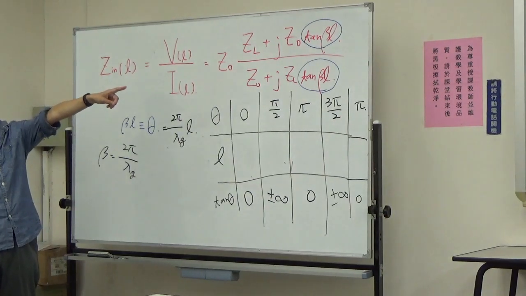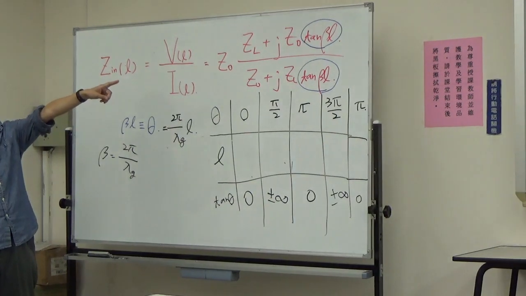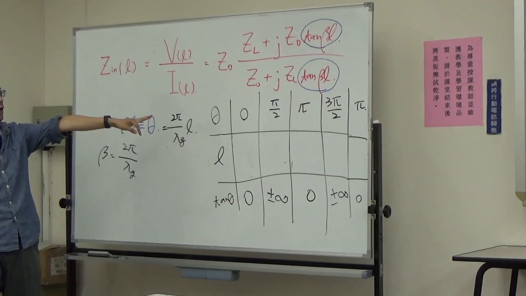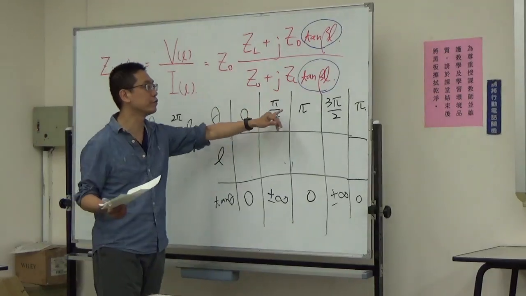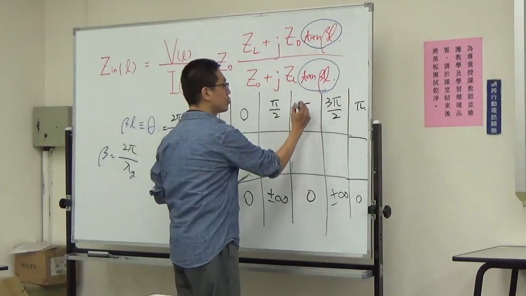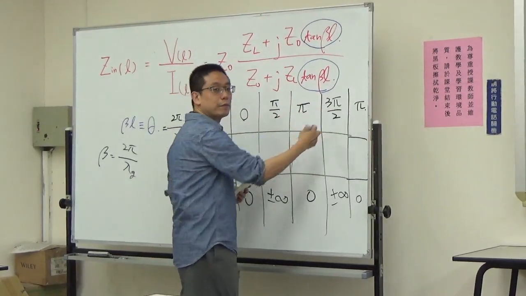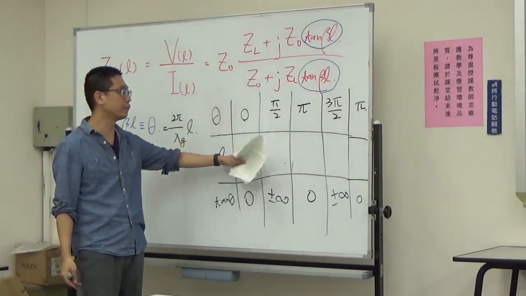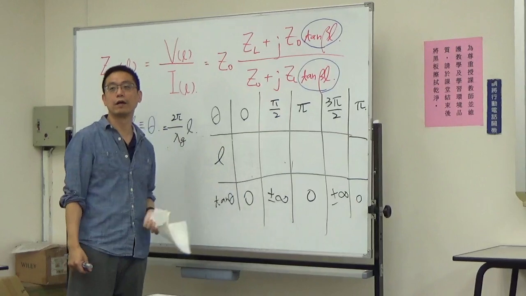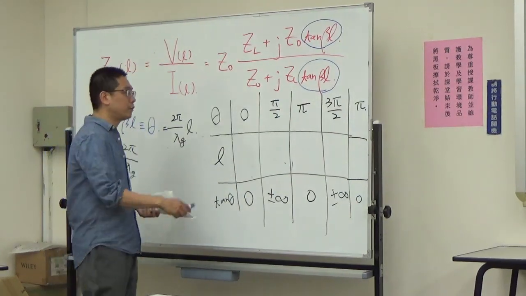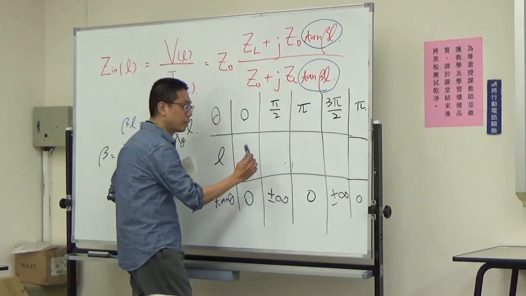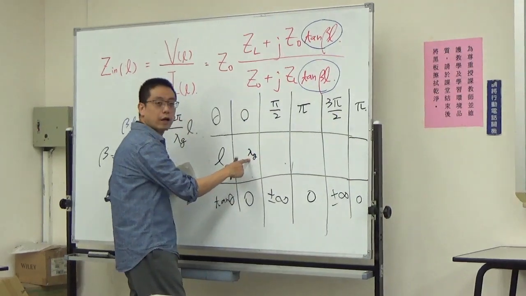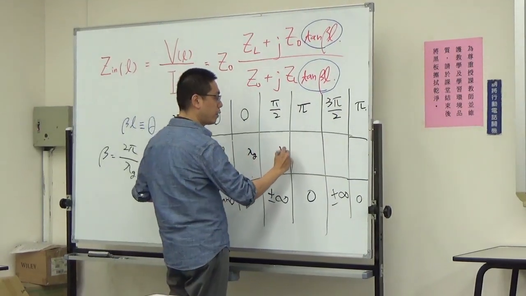What is the physical length of the transmission line? You will have your theta equals to 0, pi over 2, pi, 3 pi over 2, and 2 pi. What is the physical length of your transmission line? Write down the ratio of that. How many lambda g, okay? Anyone help?